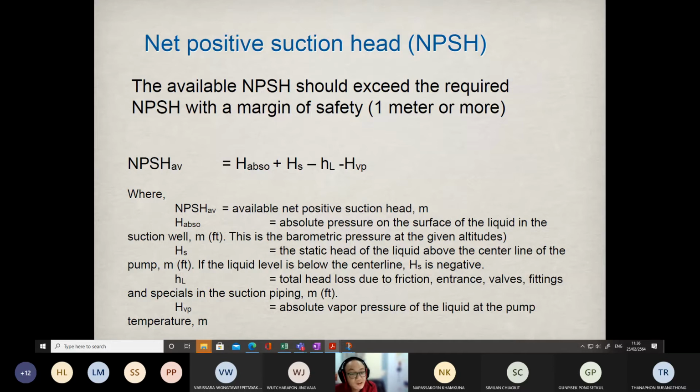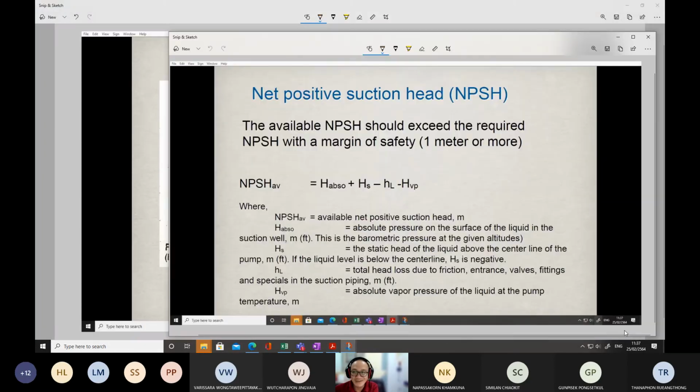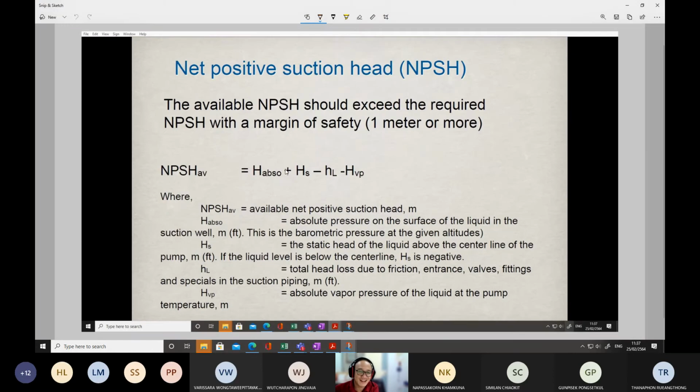NPSH available is equal to the absolute pressure plus or minus, positive or negative, depending on how we install the pumps, then minus the head loss in the suction line, then minus the vapor pressure.